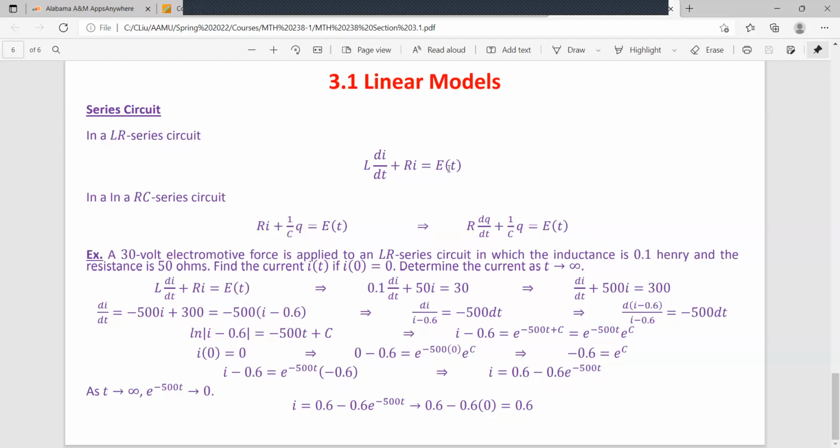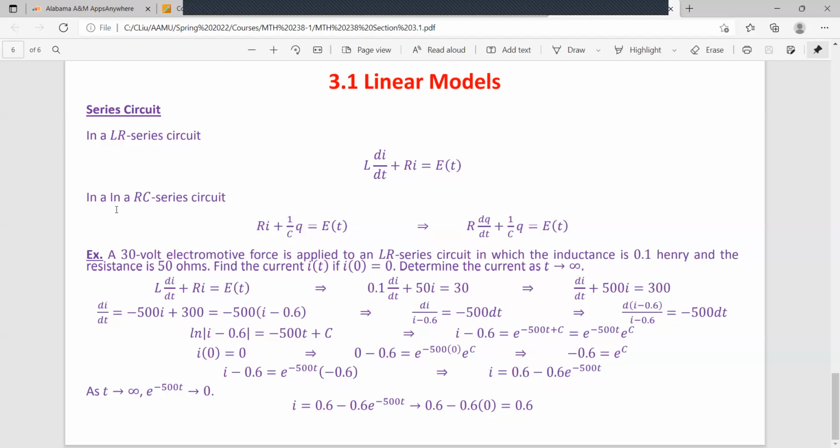The differential equation governing the flow of current is L times di over dt plus R times i equals E of t, where L is the inductance of the inductor, R is the resistance of the resistor, i is the current, and E of t is the power.